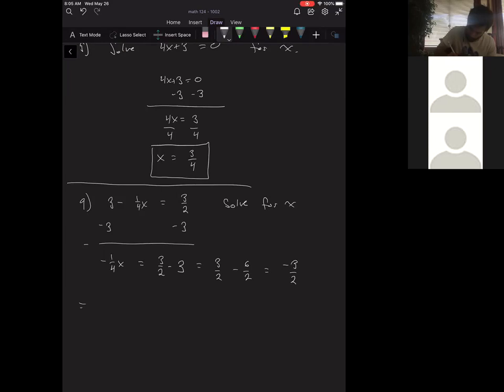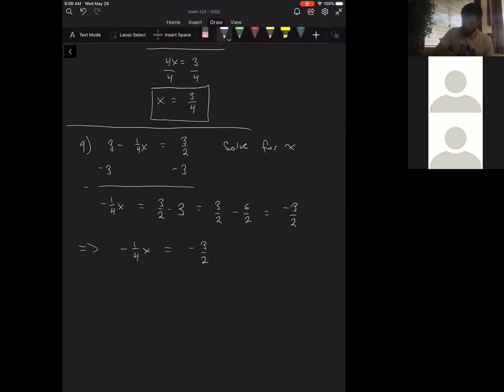So rewriting this with fewer equal signs, we have minus 1/4 x on the far left-hand side. That's going to equal minus 3 over 2. All right, so now we need to get x alone. There's a minus 1/4 on the left-hand side, so what we need to do is multiply both sides by negative 4.